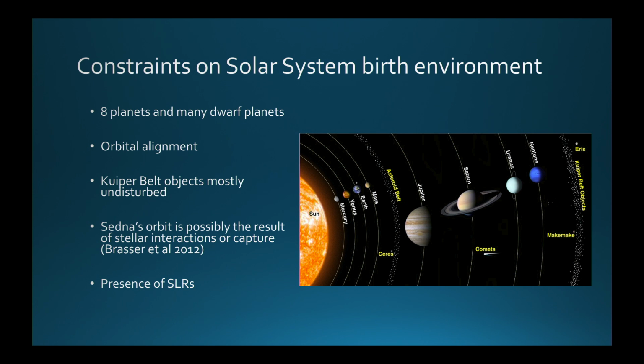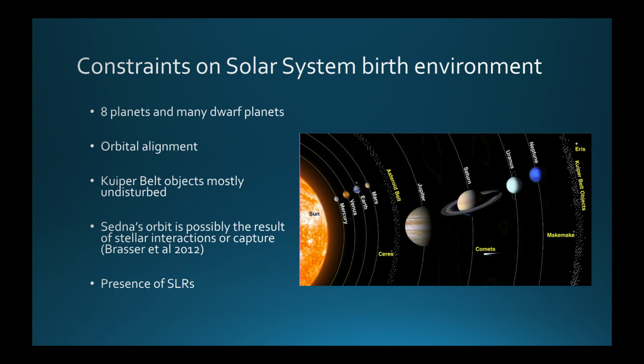The Kuiper Belt objects seem mainly undisturbed. However, there are 1 or 2 that are a bit quirky, like Sedna. And the only thing that we can really think of that describes Sedna's orbit is that either it was a captured object or a stellar interaction actually disrupted its orbit and did something weird. So that's telling us that the sun was, when it was forming, in the presence of other stars.